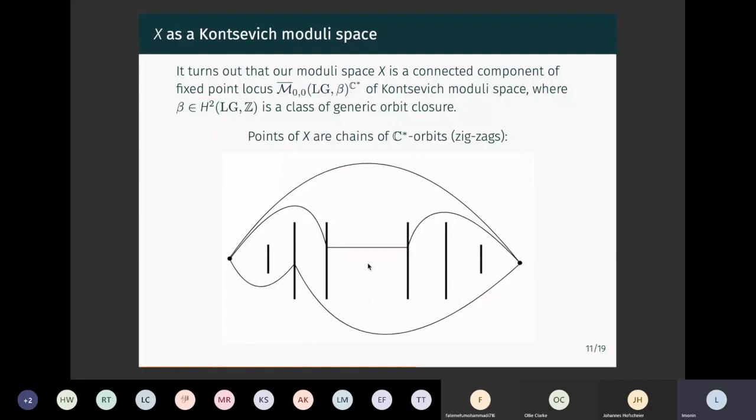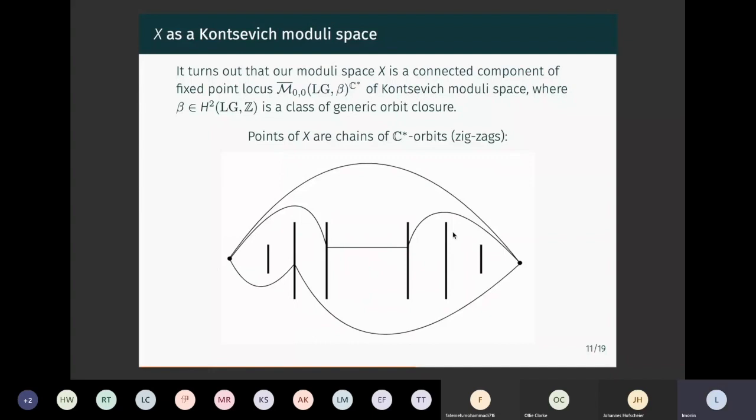The only thing is that we can never go back, because this is a condition on the cohomology class. So there are chains, and if I label my components from 1 to n+1, then I can only increase when I go from one component to another.